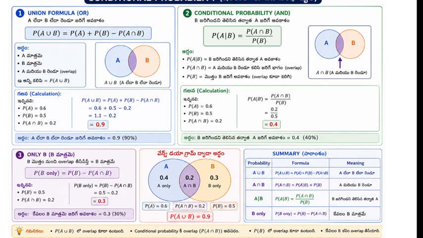For example, with mutually exclusive events, like flipping a coin, we don't find any overlapping region. But it is not always mutually exclusive events. Sometimes we find an overlapping region also when finding the probability of A or B.